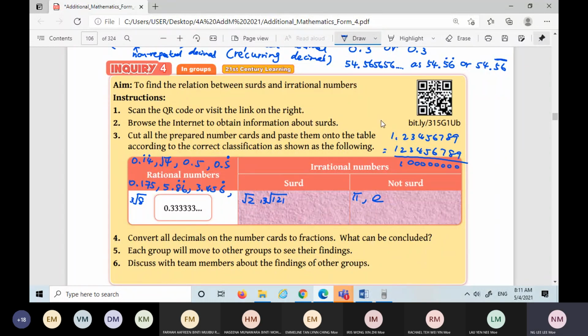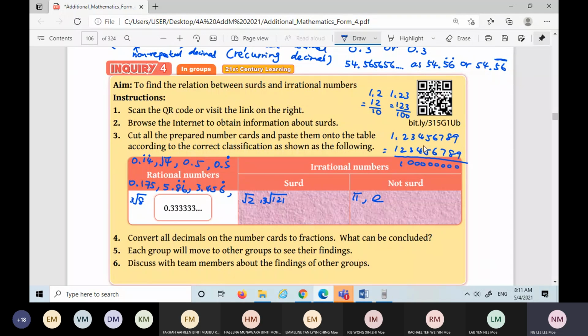Rachel, correct. 1.2 you want to convert into fraction is 12 over 10, correct? 1.23 you want to convert into fraction is 123 over what? 100, correct? After the decimal point, 2 places means you divide by 1 followed by 2 zeros. So here there are 8 places after the decimal, so you divide by 1 followed by 8 zeros.